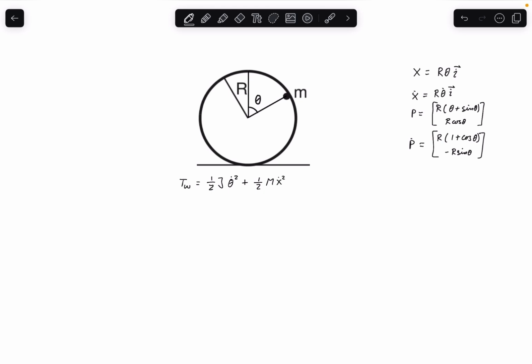So this wheel is kind of like a circle without inner mass. So the inertia would therefore be M r squared.